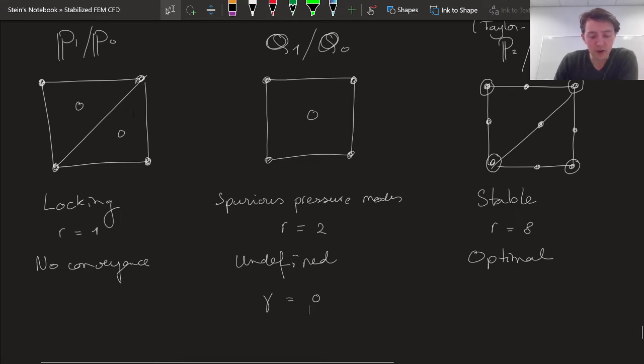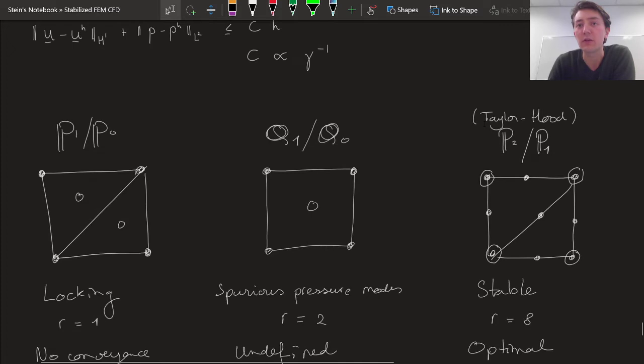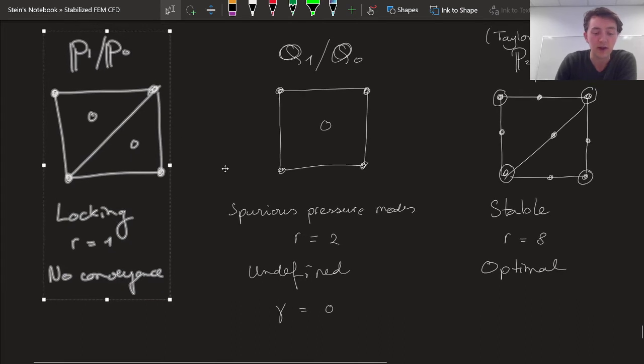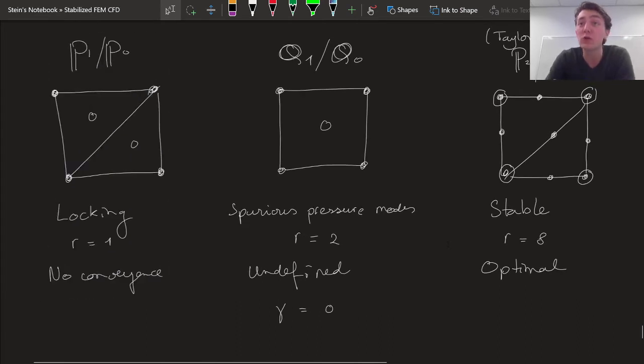So is the Inf-sup constant of either one of these other elements zero? Well, clearly for the stable element not, right? But how about for this locking element? That might actually be a bit of a tricky question, because it might seem like the obvious answer is yes, but in fact it's not. We have a well-defined, non-zero Inf-sup constant for elements like these. And that is illustrated by the fact that we do get a solution.